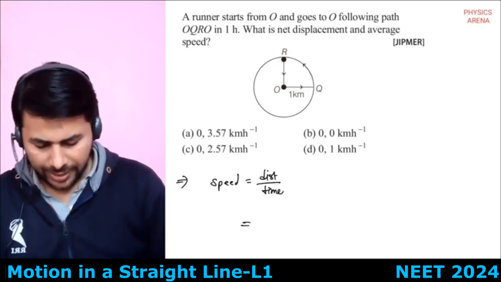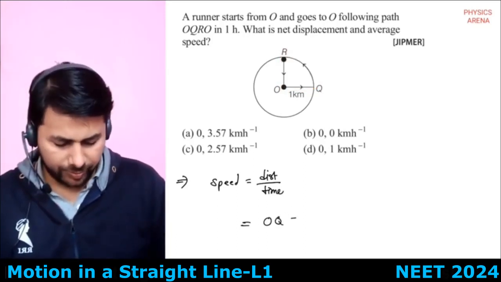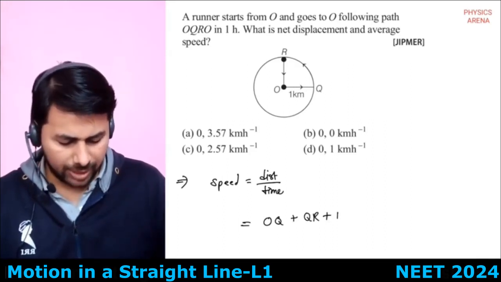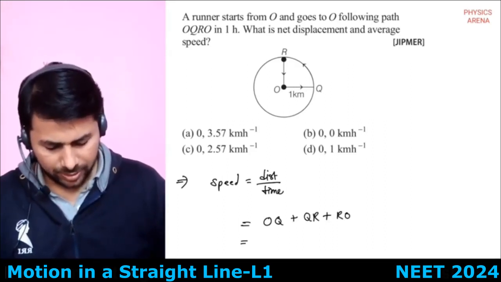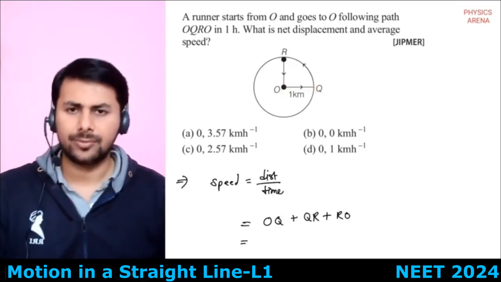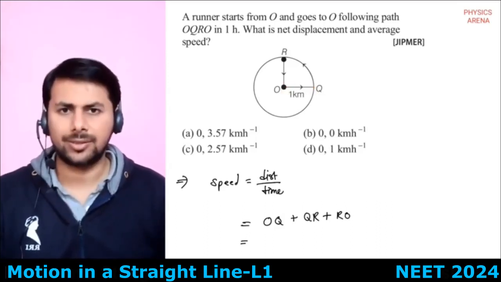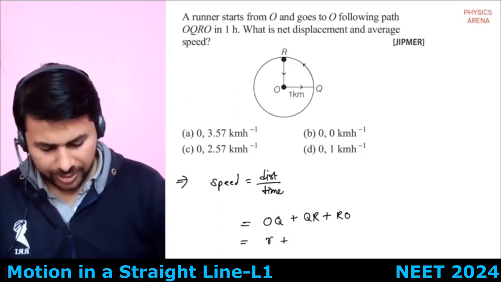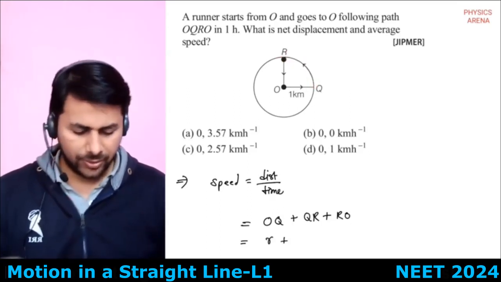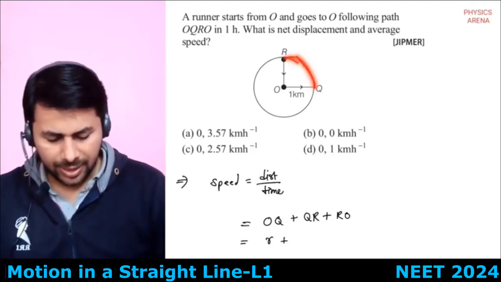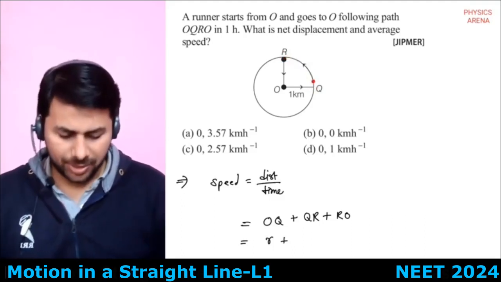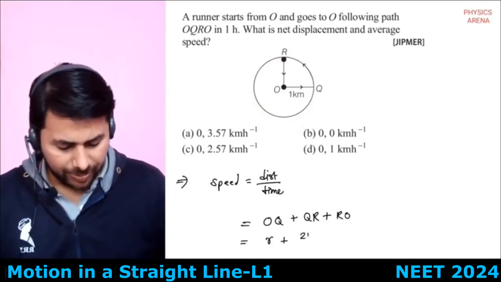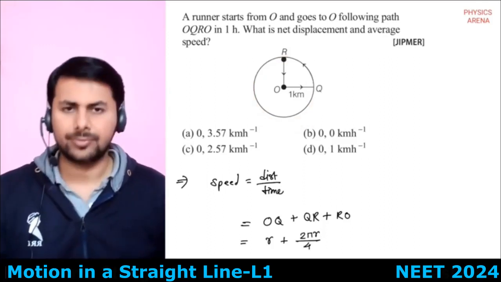So I can say distance from O to Q plus distance from Q to R plus distance from R to O. So how much is this distance? This is radius, this is equal to radius plus, how much is this distance? So you can say length of this arc will be 1/4 of circumference of the circle, right? So it will be 2 pi r upon 4.